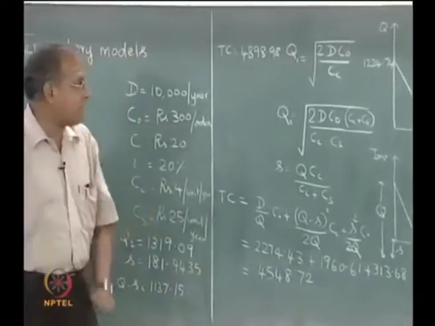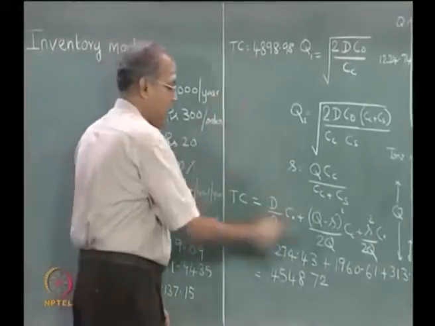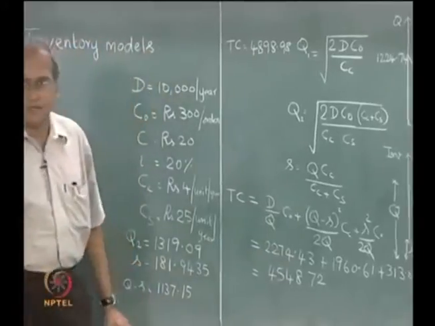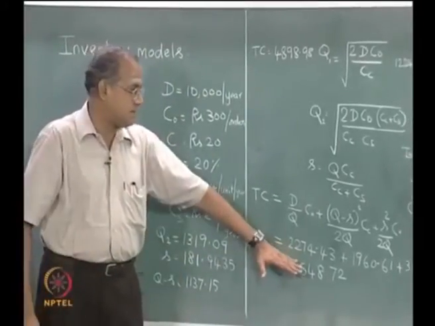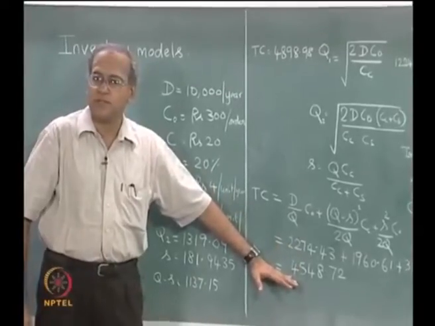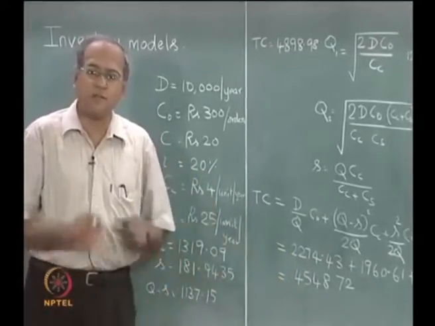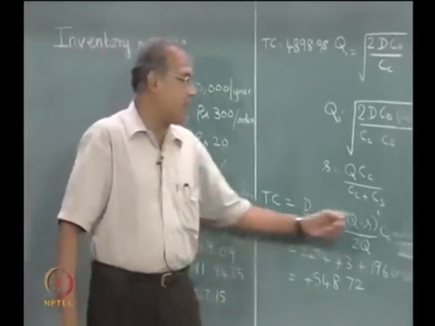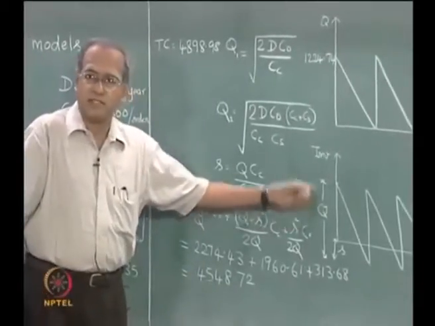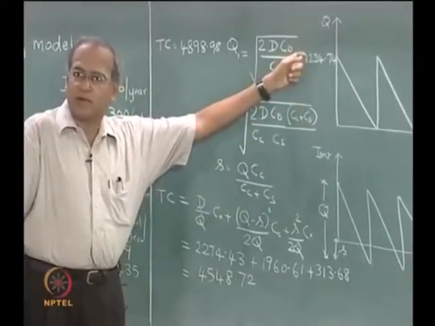If we have to make a decision only based on the total cost, then we might say yes, the model with back ordering has lesser total cost. Now, this also happens because if we look at it as an optimization problem, this is a problem that allows back ordering, this is a problem that does not allow back ordering.